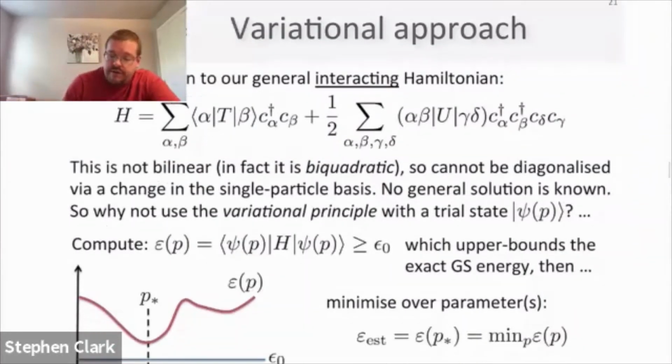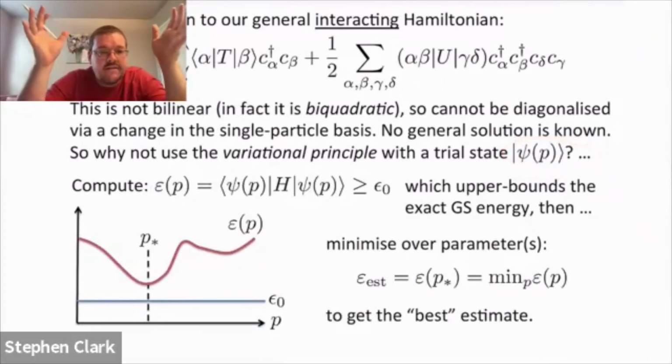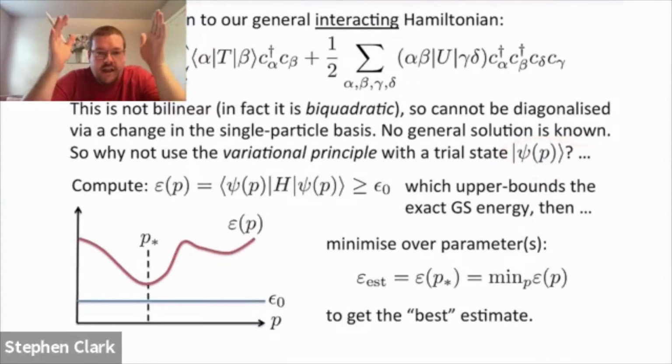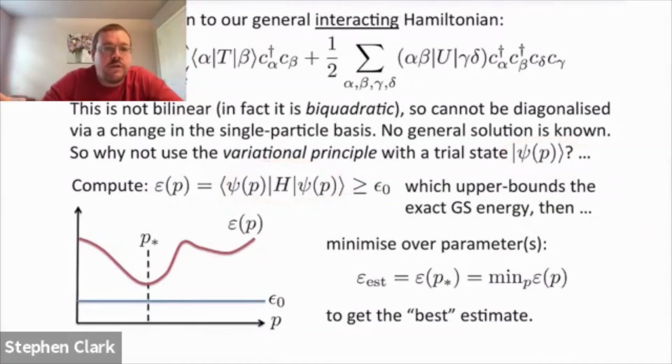But we could use the variational principle, which means I define what's called an ansatz, a state that's defined by some parameters, and suppose I can calculate the energy of that ansatz. For instance, if you're solving the hydrogen atom, you might choose a Gaussian wave function.